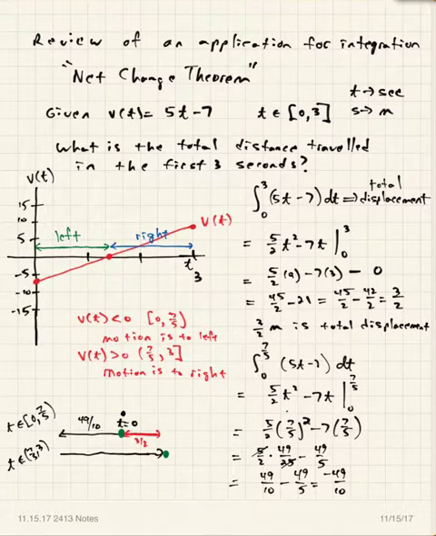You could use another integral here, but notice, because of the picture I've got drawn there, this distance here simply has to be 49 tenths plus 3/2. And if you add those together, you're going to get that total distance. So that'd be 49 tenths plus 15 tenths, or 64 tenths.